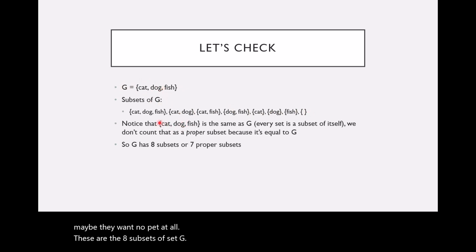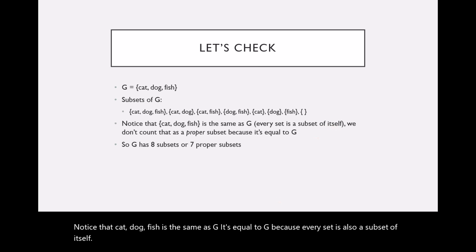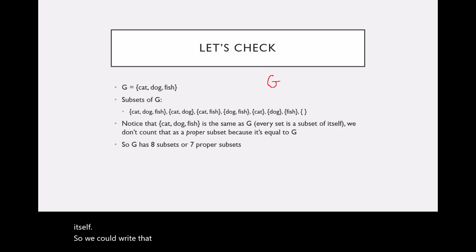Notice that cat, dog, fish is the same as G. It's equal to G because every set is also a subset of itself. So we could write that G is a subset of G. Every set is a subset of itself.